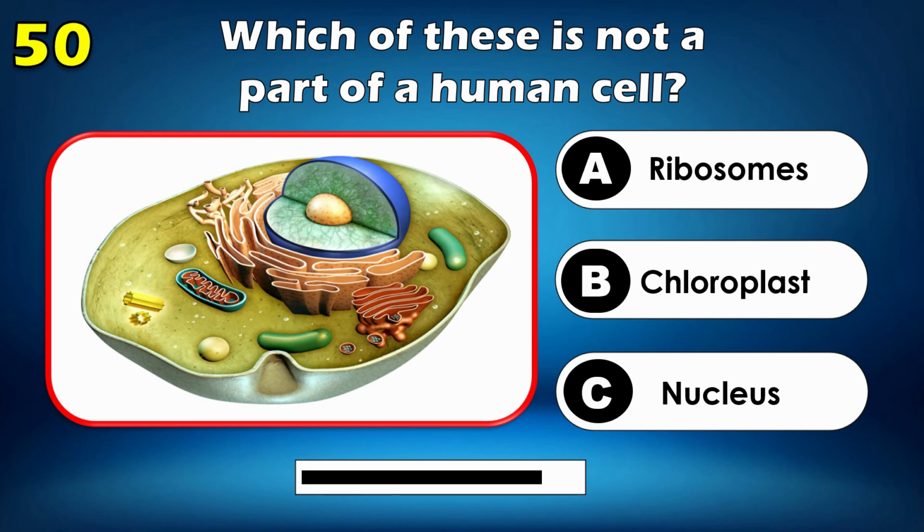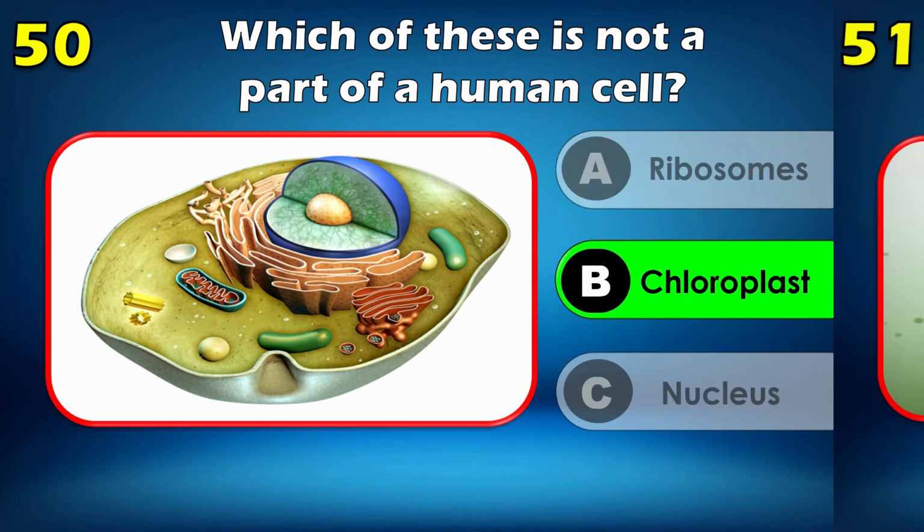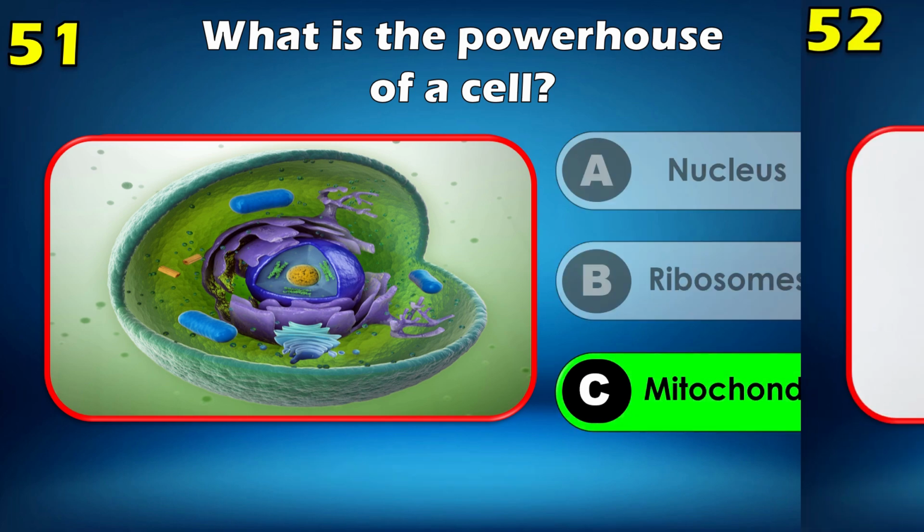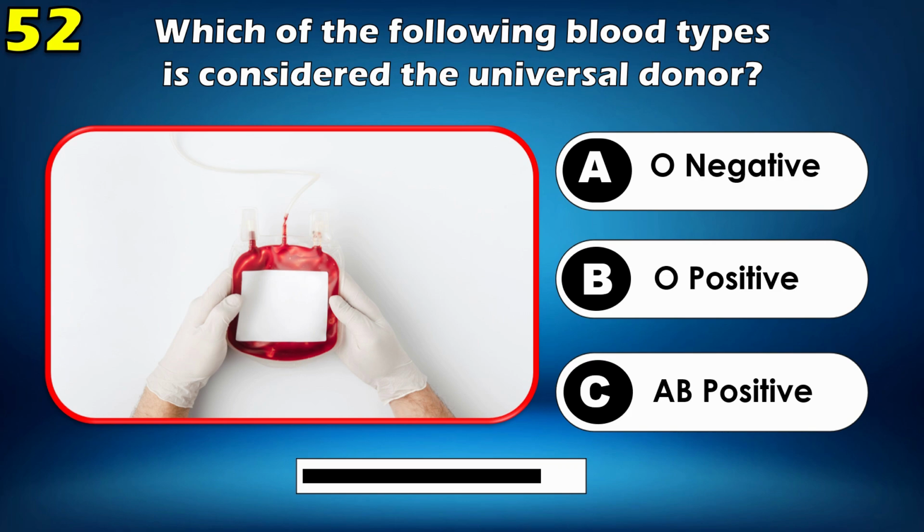Which of these is not a part of a human cell? Chloroplast. What is the powerhouse of a cell? Mitochondria. Which of the following blood types is considered the universal donor?